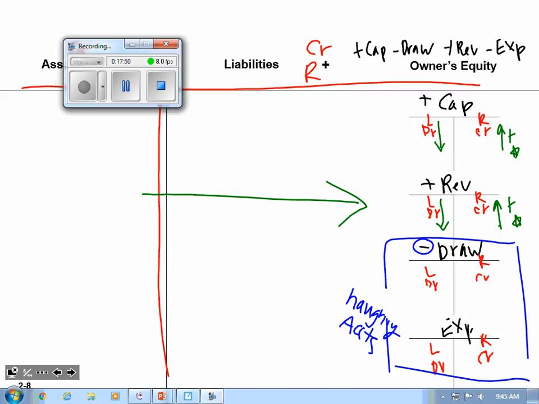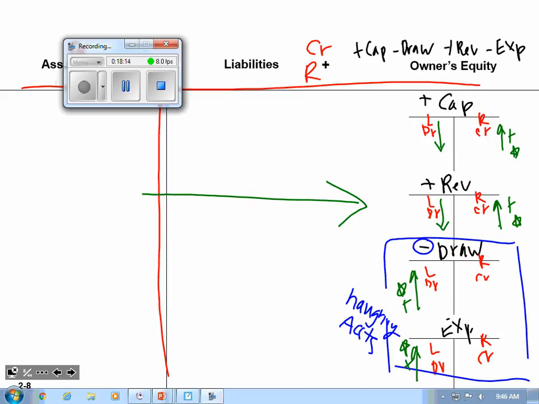So you know how it's on the right side of the big T and you would think the increase or the normal balance side is right? No, it's actually left. And some of you are like, what? I still don't get this, and now you're changing the rules. Trust me, trust the process. You saw that if I credited $1,000, it's making the owner's equity go up.